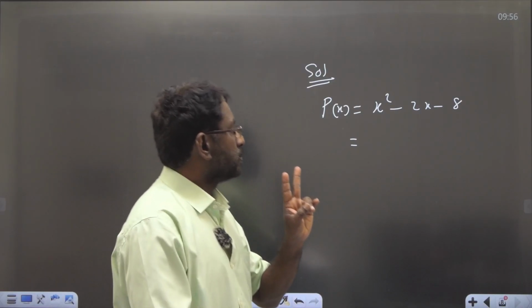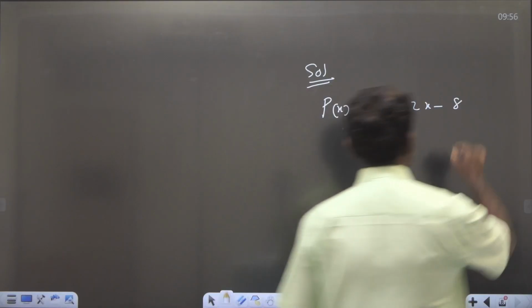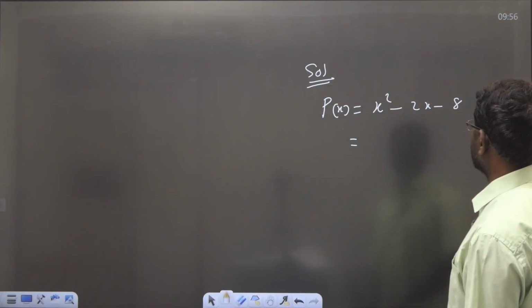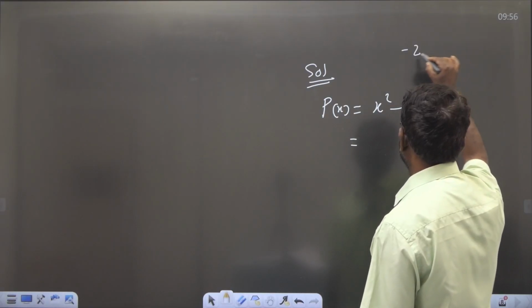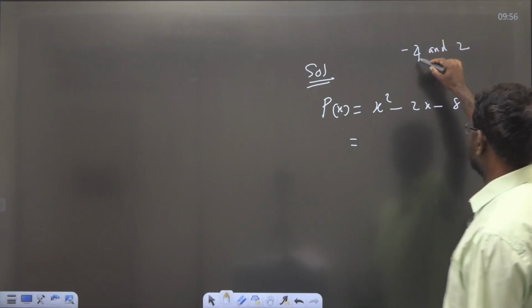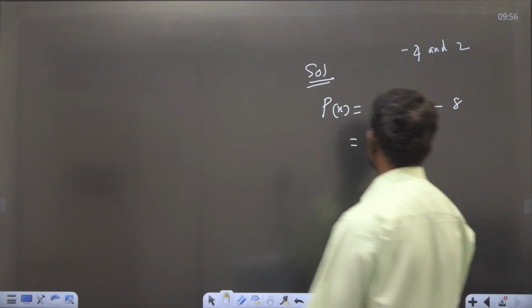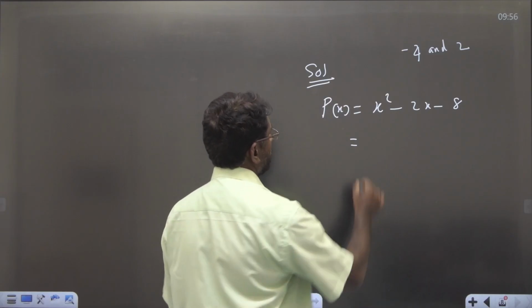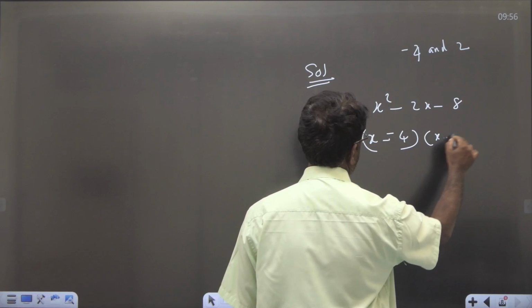Assume two numbers whose product is minus 8 and sum is minus 2. That is minus 4 and 2. Check it: minus 4 into 2 is minus 8, minus 4 plus 2 is minus 2. Correct.